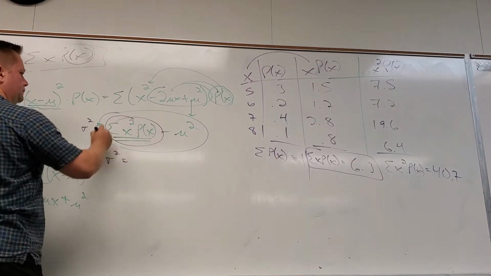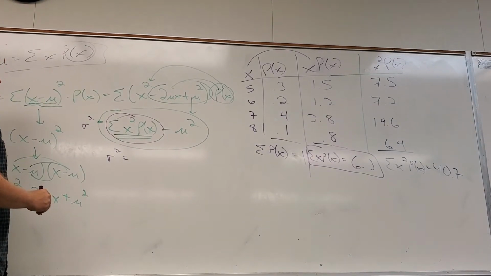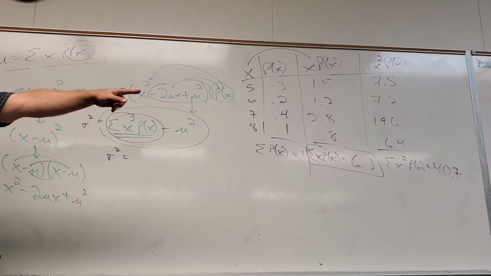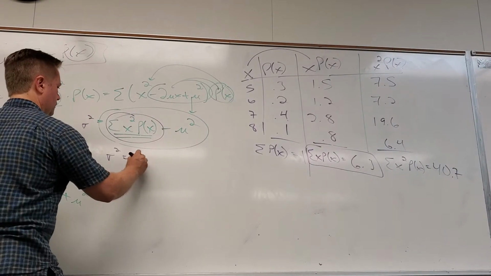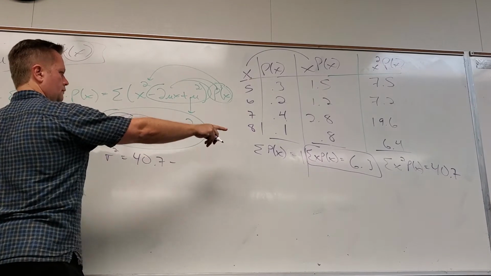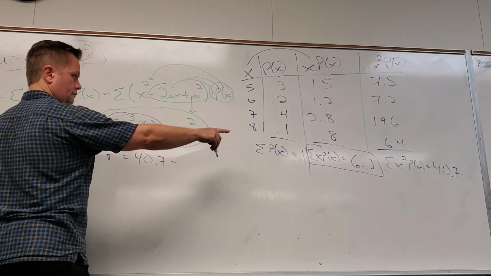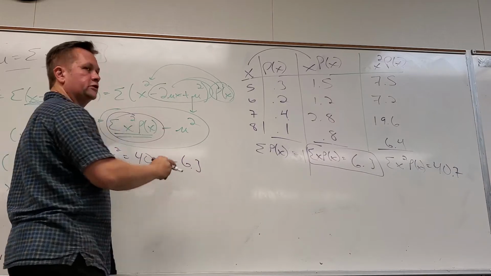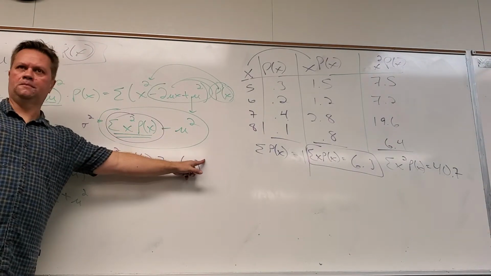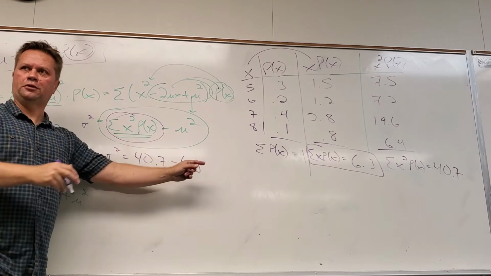This is what? 40.7. We just figured it out. What was the mean? 6.3. And the most common mistake people make is they forget to square that poor dude. Poor little dude.